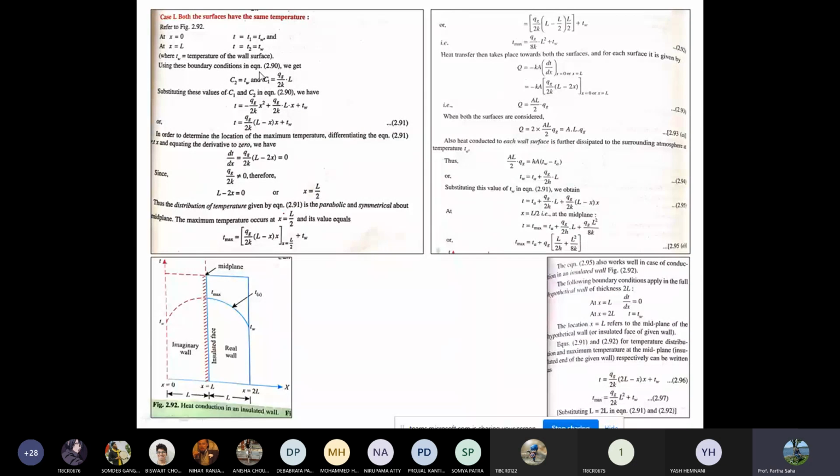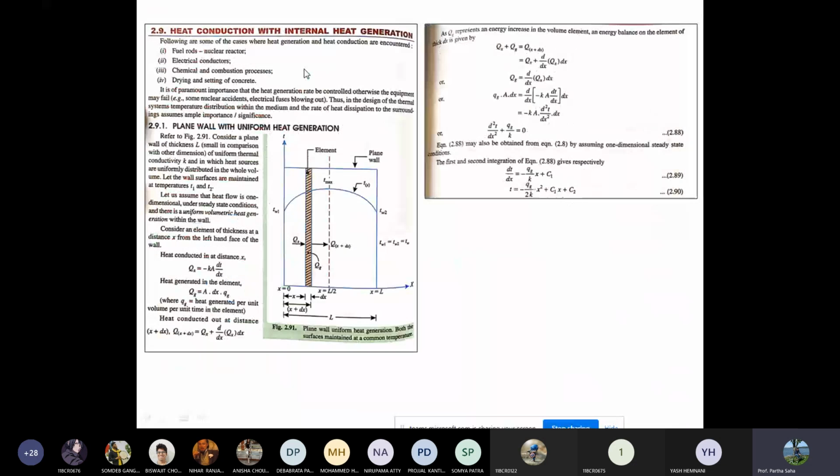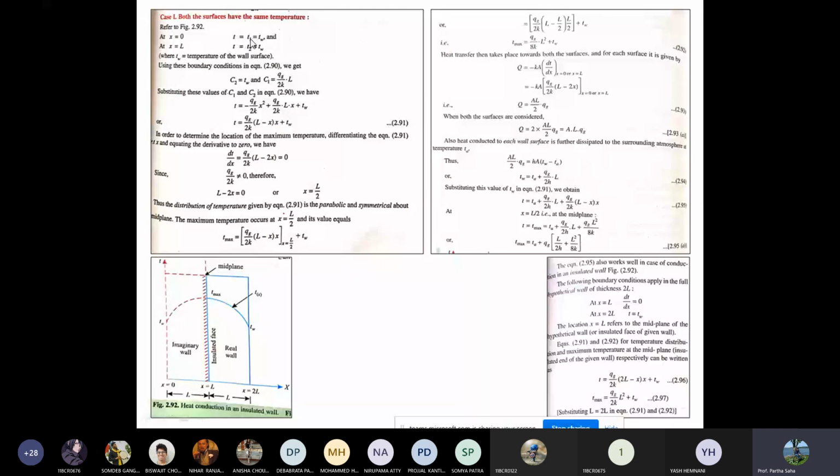So using these boundary conditions in equation 2.90, put x equal to 0, T equal to T1 equal to Tw, and x equal to L, again T equal to T2 equal to Tw. So you are considering that the temperature is uniform.